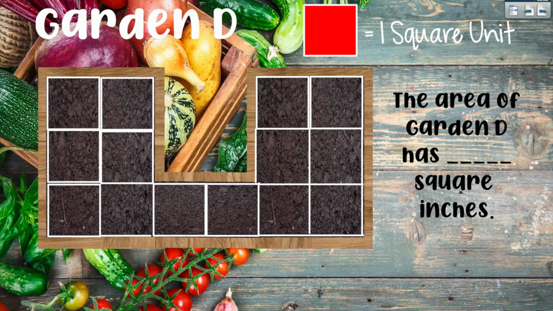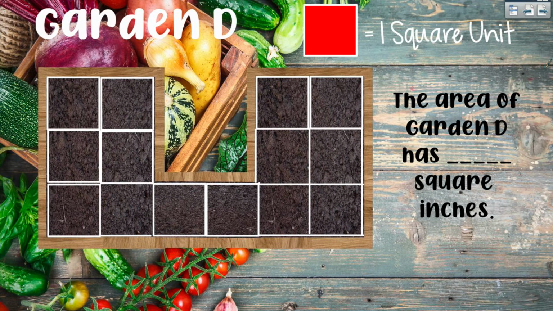Now, garden D looks very different from garden A, B, and C. This garden is not in the shape of a rectangle. This garden is in a different shape. So, because of this, I won't be able to multiply the number of squares in the rows and columns because it won't give me an accurate area amount.